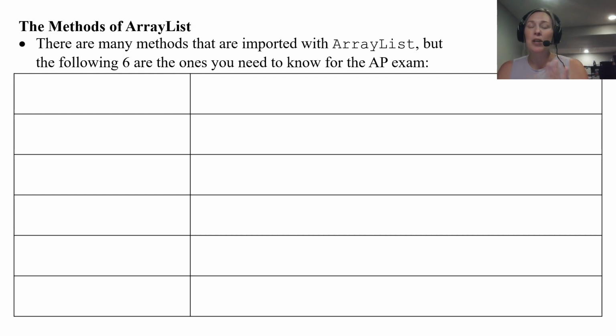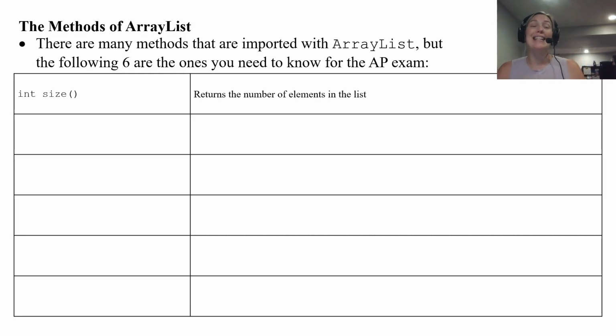I'm going to show you these 6, and then we're going to talk a little bit more about them and show you examples later on in the slides. What you'll see on the screen is how they are listed in the AP exam documentation.